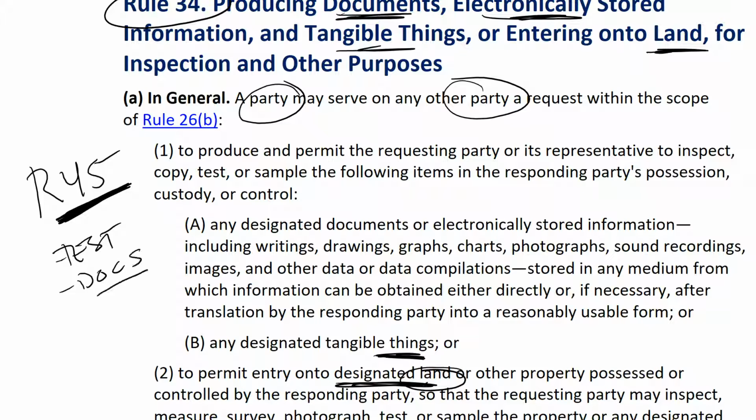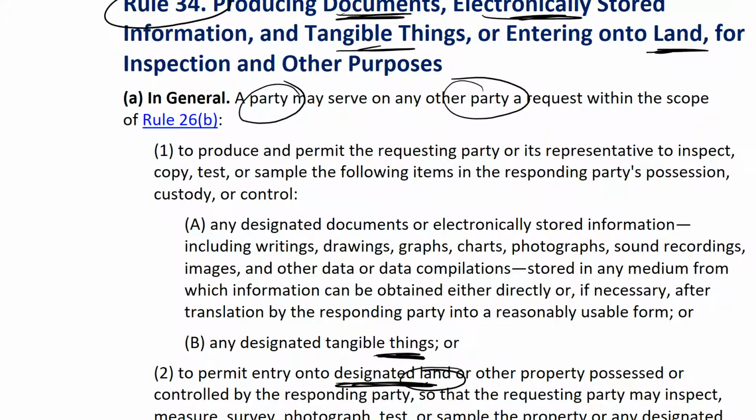So you can actually get documents from a non-party under Rule 45. A second thing to note is you may recall that depositions had a max number of 10 as the default, right? And that's measured by 10 by the plaintiffs as a group, 10 by the defendants as a group, and 10 by the third-party defendants as a group.